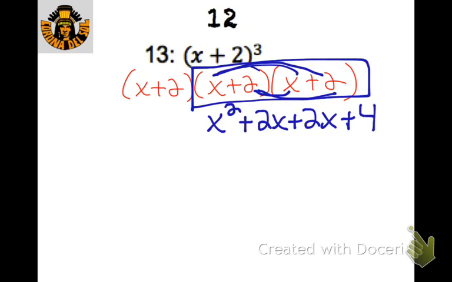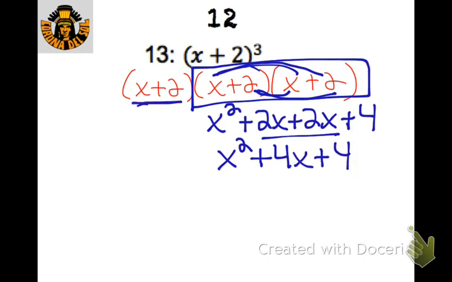So I would simplify that a little bit before I distribute the x plus 2 through. So it'd be x squared, combine those, so that'd be plus 4x, and then plus 4. And you want to make sure you still multiply this x plus 2. So we bring that down, so we have x plus 2 multiplied by the x squared plus 4x plus 4.